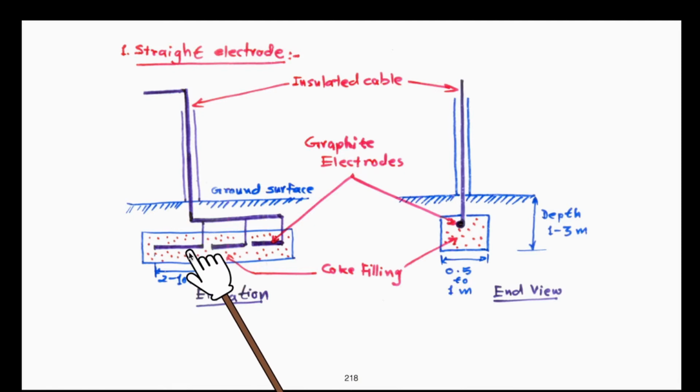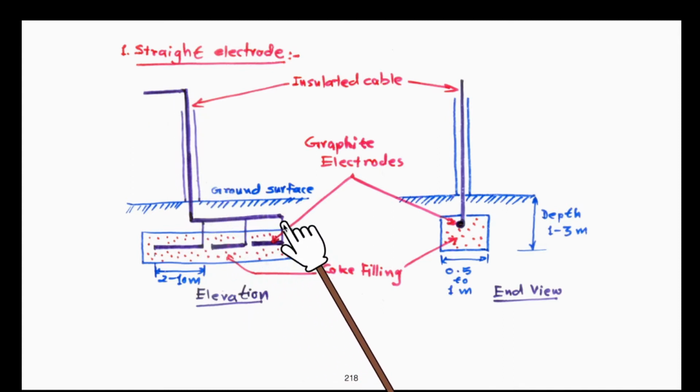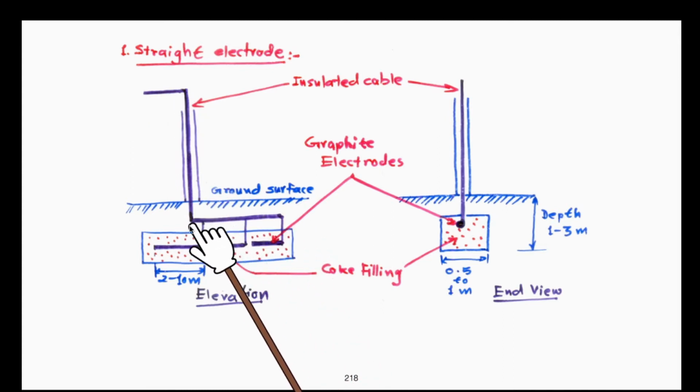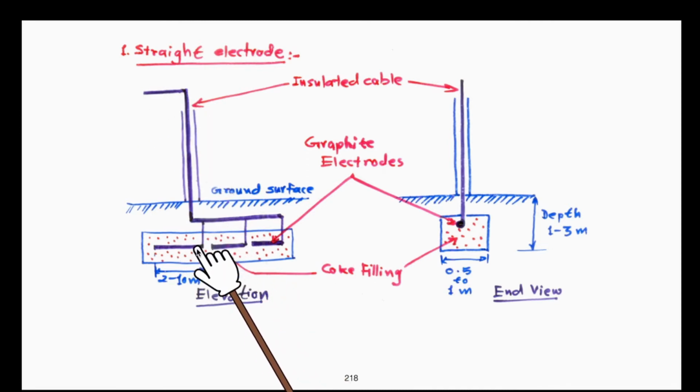So kindly focus your attention. Various electrode elements together form a straight electrodes array, and they are connected to the ground conductor.